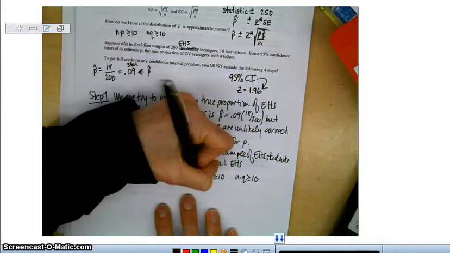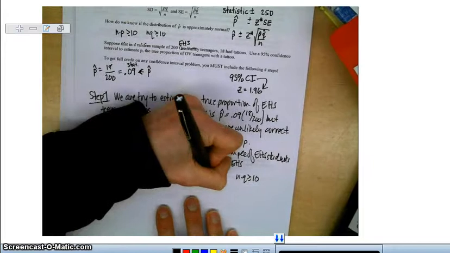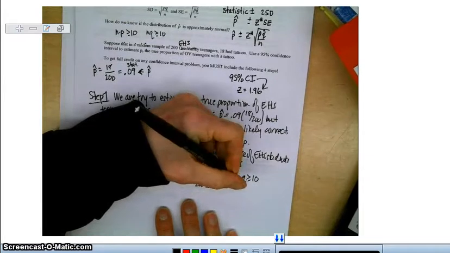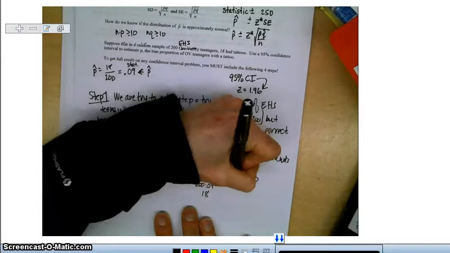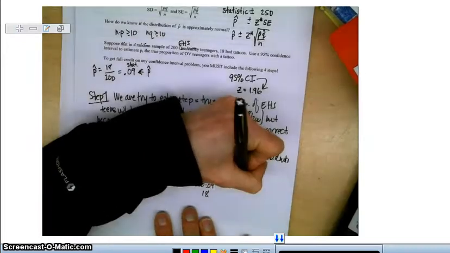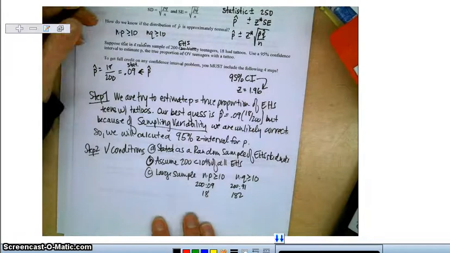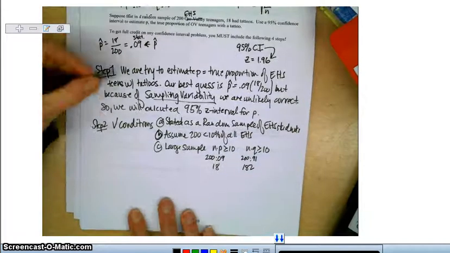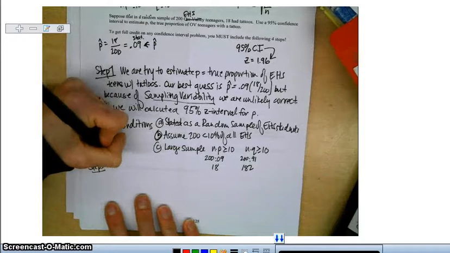So n was 200 times p, 0.09, which is 18, that's greater than 10, and then 200 times 0.91, which has got to be 182, and those are both greater than 10. So now we can move to step 3. Step 3 is to calculate the confidence interval.